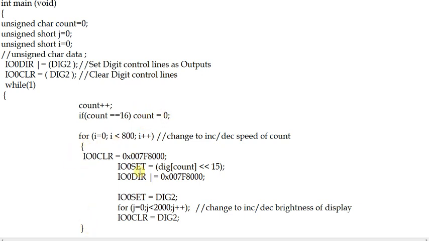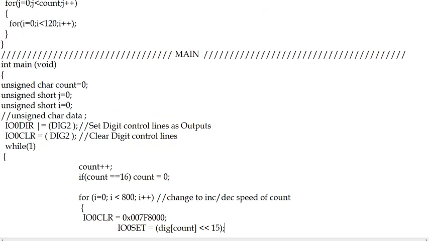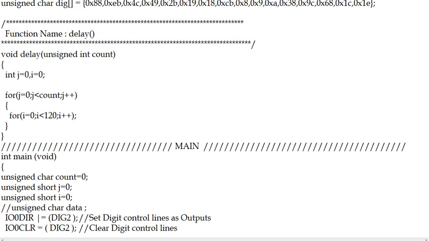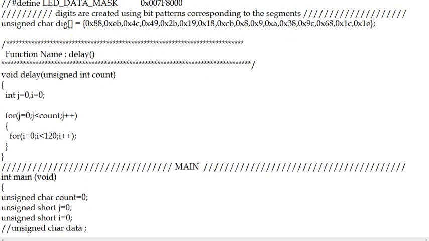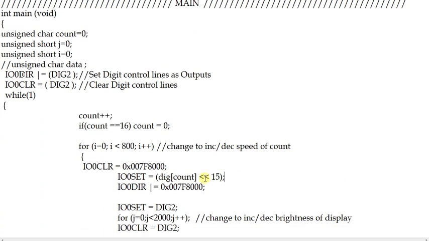In the for loop, first of all we are clearing the 7 segment LED bits, and then we are setting the digit of count. Why is digit of count given here? What is the initial count value? 0. What is the digit of 0? Digit of 0 is 0x3F, the value for 0. So the digit of 0 should be left shifted by 15 times.